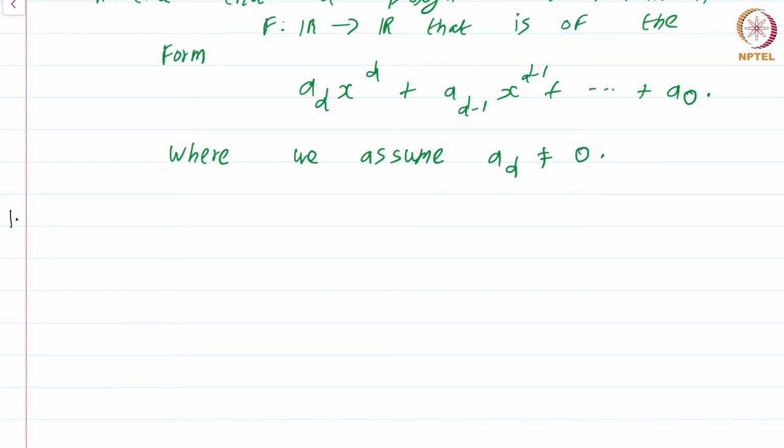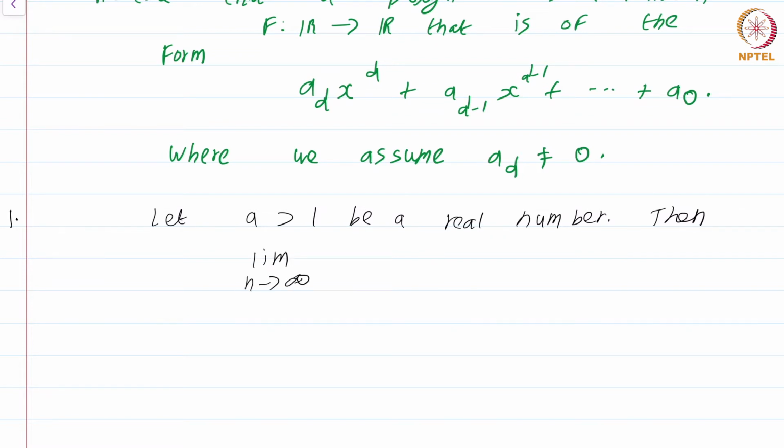So let's see how to translate this in terms of sequences. Let a be a real number greater than 1. Then the limit as n goes to infinity of a^n / n is in fact equal to plus infinity.